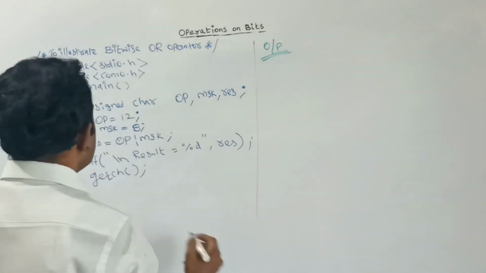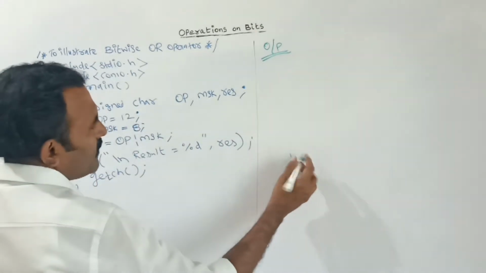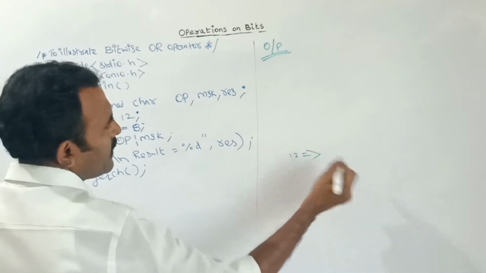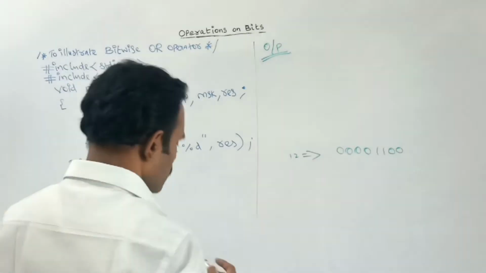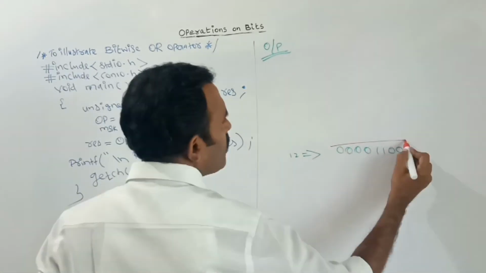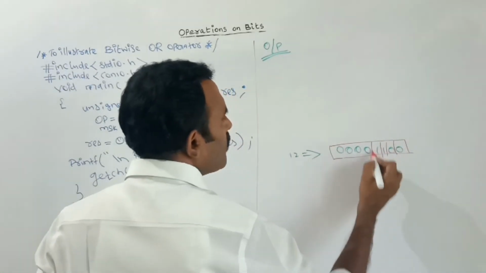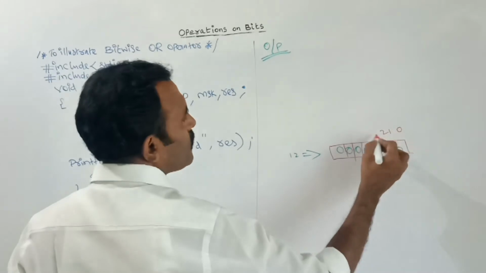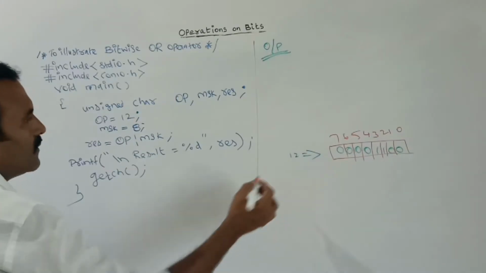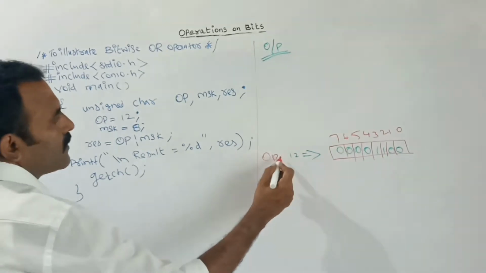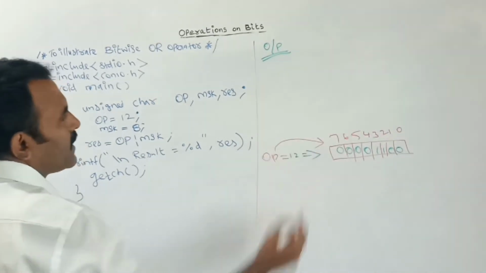What is the value of OP? It is 12, and this is its binary value. This variable is the operand.